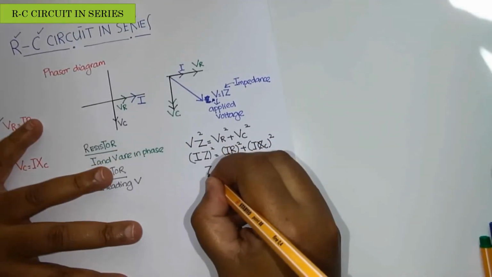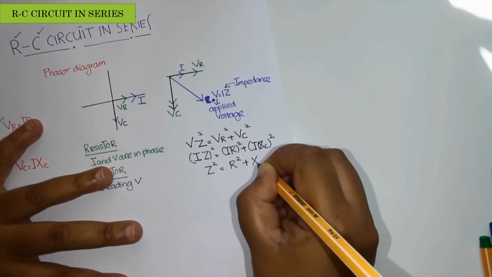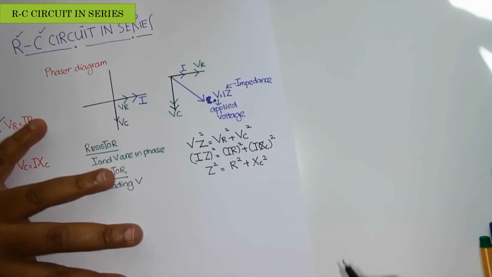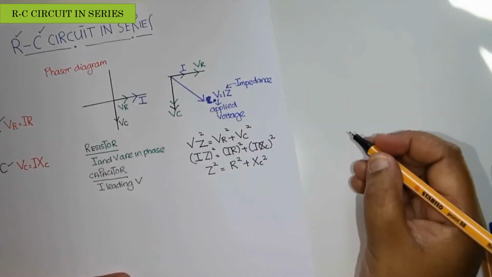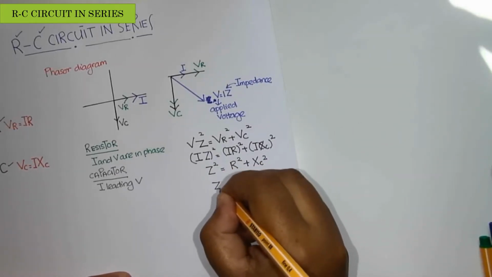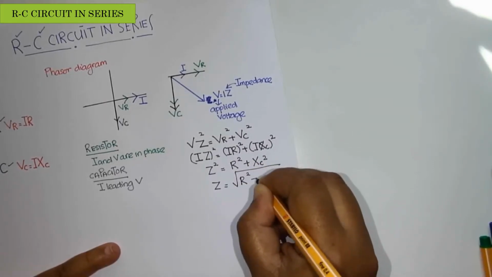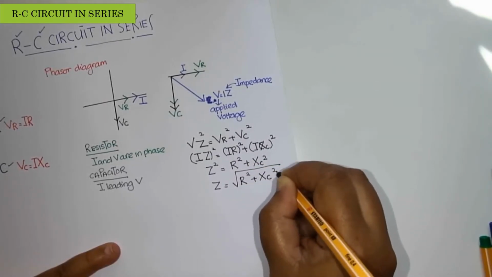Cancel both, we get Z squared equals R squared plus XC squared. Then what do we do? Z is equal to the square root of R squared plus XC squared.